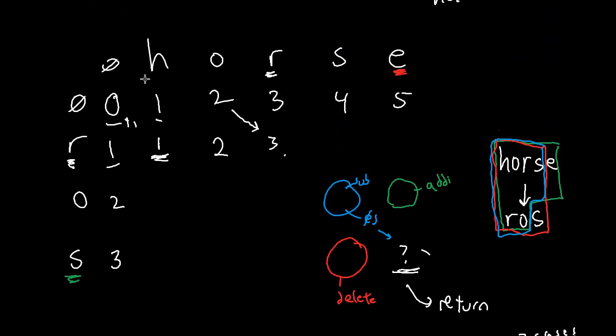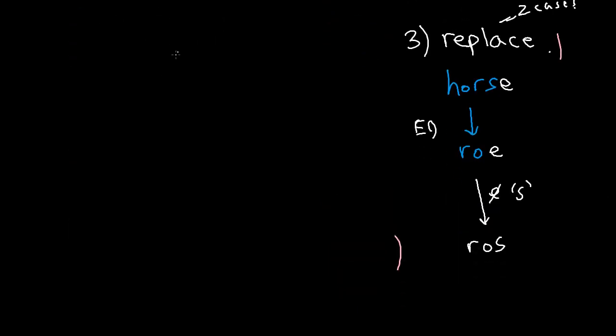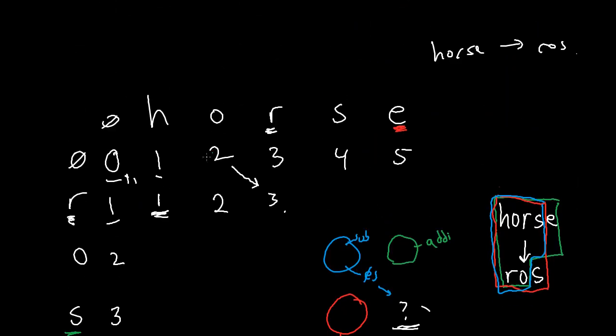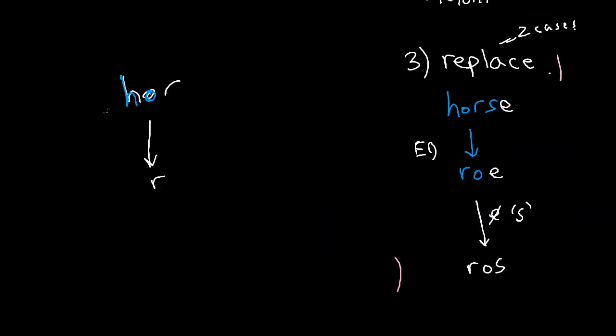In this case, we have HOR into just R. So in the case of HOR, we want to get to just R, and we know the subproblem of how to go from HO. So we know this subproblem here, which is how to go from HO into the empty string. So we know how to go from HO into nothing.